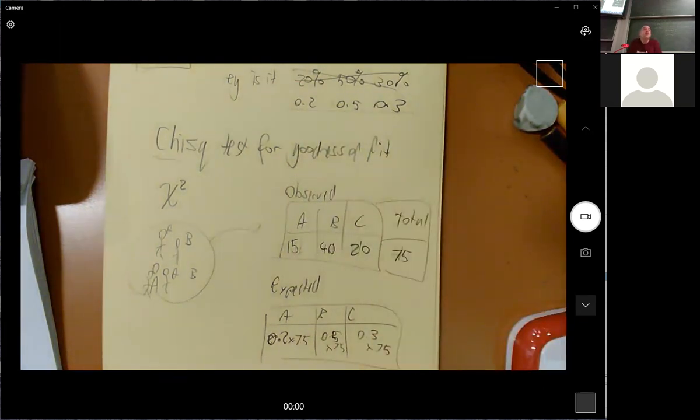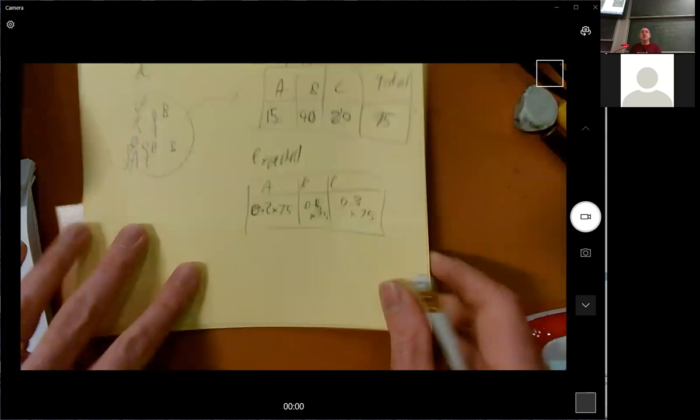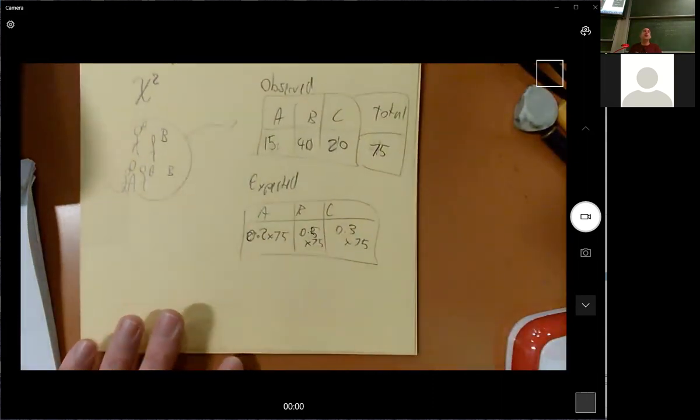That's what I would have expected to be in those spots if it really was set out this way. I mean, it's never going to be exactly that if you just take random people from the group. Sometimes you're going to get a few more in category A and a few less in category B. It'll work out that way, but this is what you would have expected on average. And so what I need to do is compare each of those to the one that it would have been.